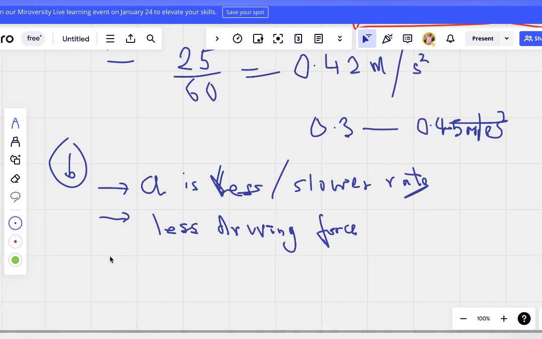I write F resultant, FR. Resultant force equals less, because the driving force is now less, hence the resultant force will be less. I abbreviate so that we can move faster. So less resultant force.